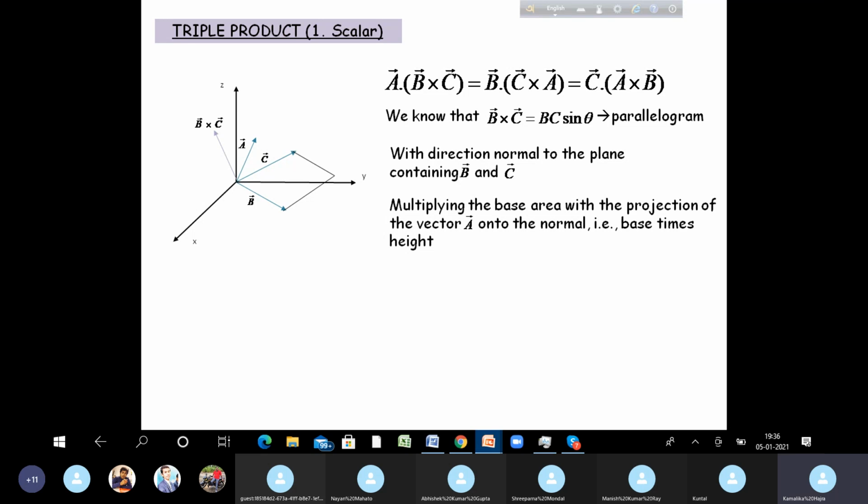What is the result? Can someone unmute and answer? No one? Anyone wants to unmute and answer? What is the result of height into base? Area of base means what? Length into breadth. So length into breadth into height.